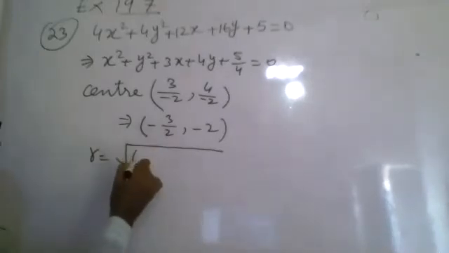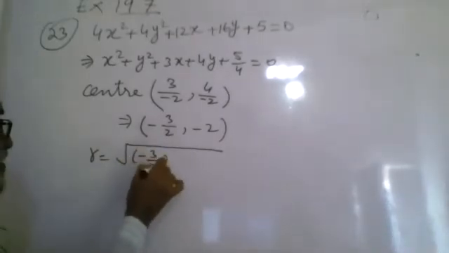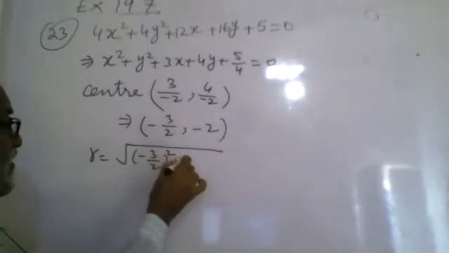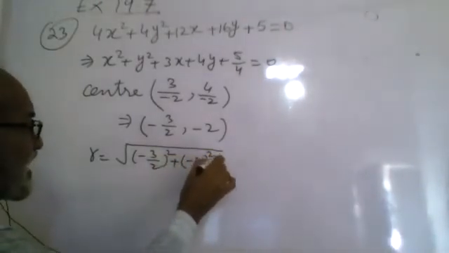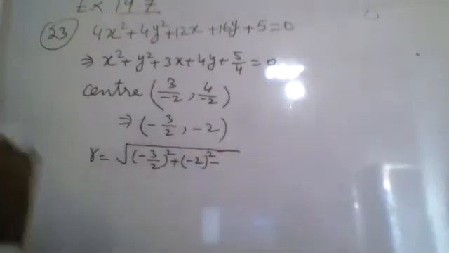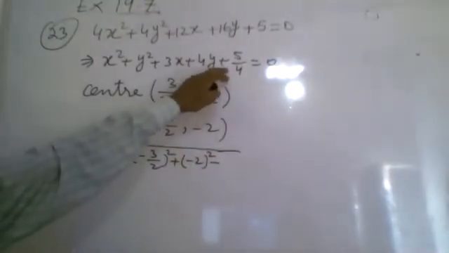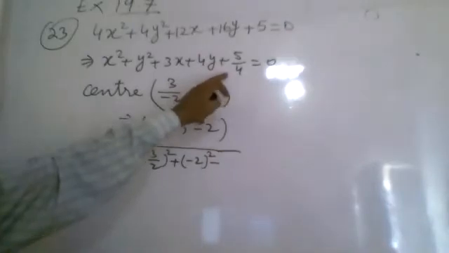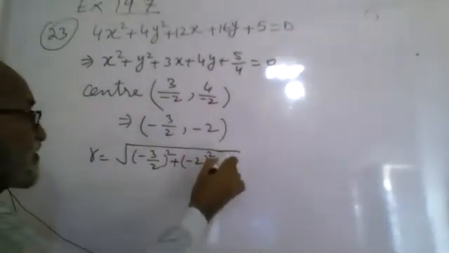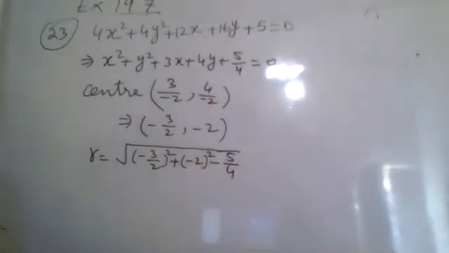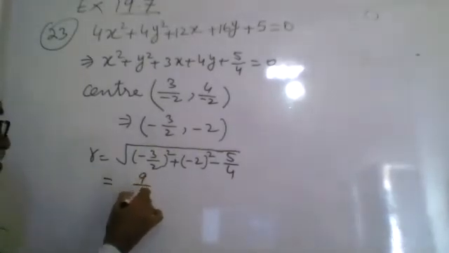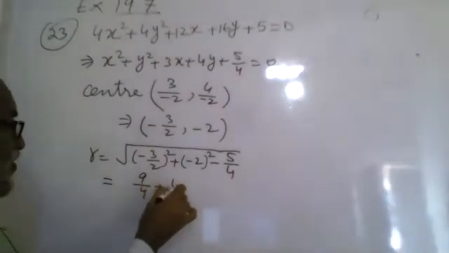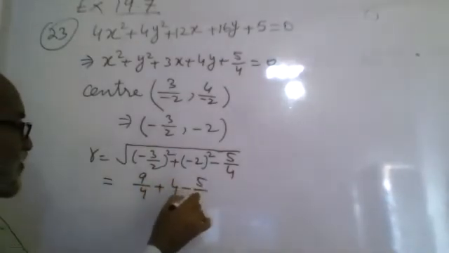This is -3 upon 2 whole square plus -2 whole square and minus c, which is 5 upon 4. So -5 upon 4. It will become 9 upon 4 plus 4 minus 5 upon 4.